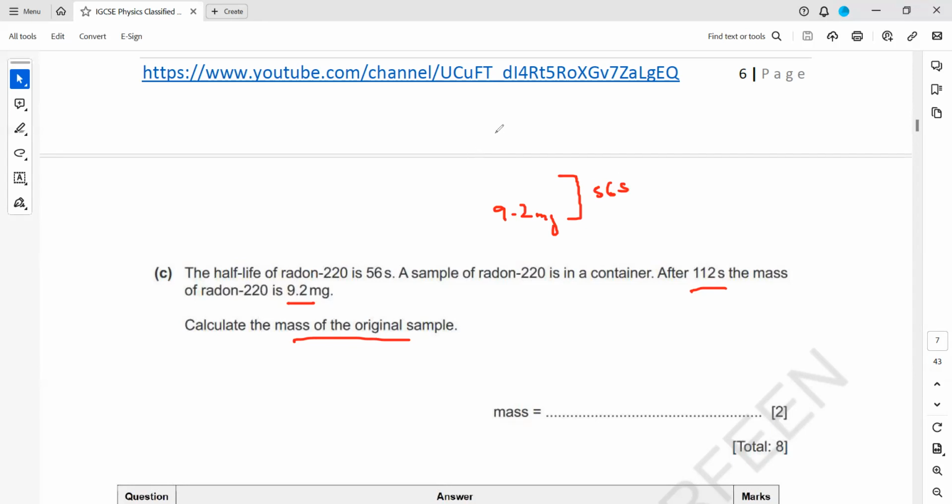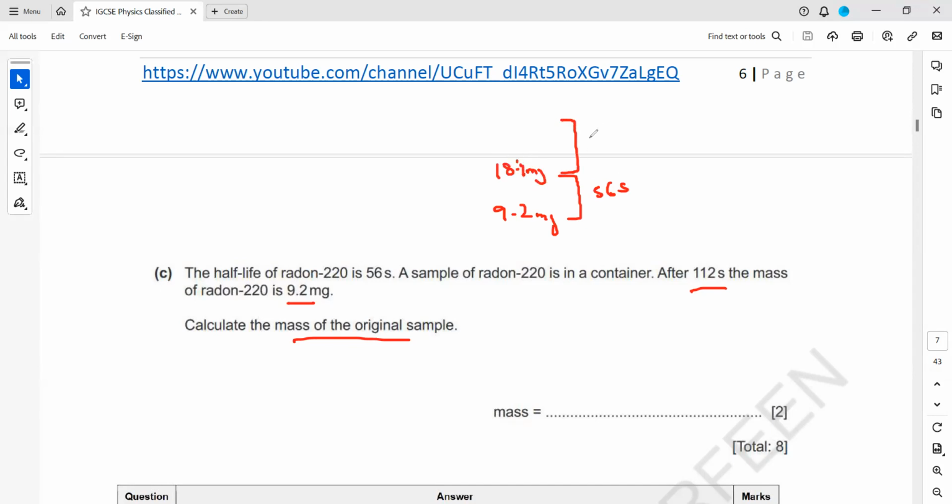9.2 multiplied, it should be double. Remember one thing, the total mass does not change. Only the proportion of the sample changes. So it will be 18.4 milligrams.